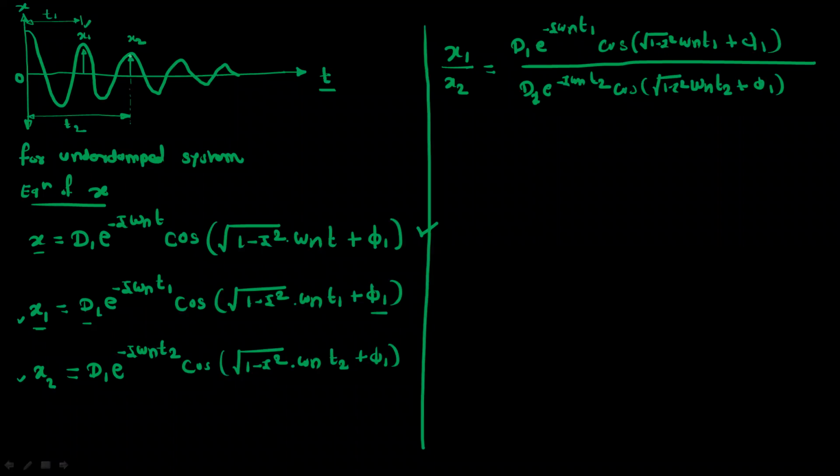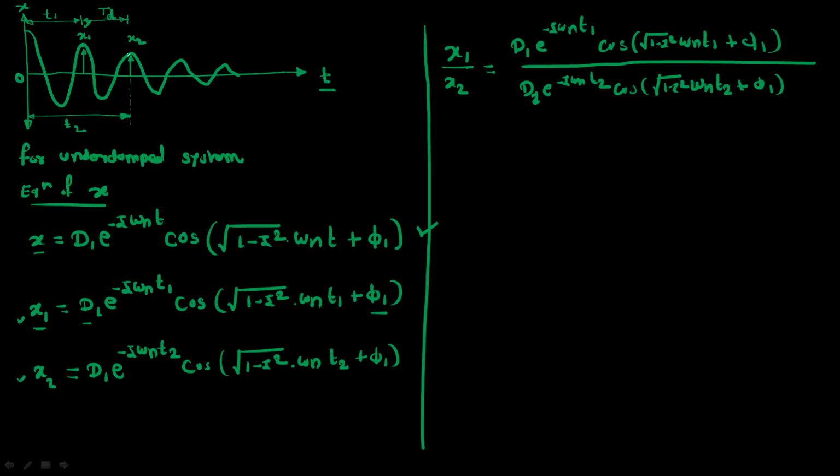Now x1 and x2, these are the successive values of amplitude. That means this time gap between x1 and x2 is the time period for the damped oscillation. So this time period is the TD value, time required for one complete oscillation.